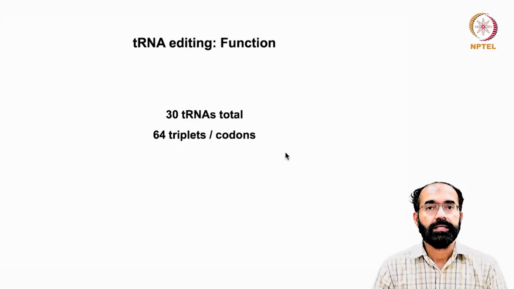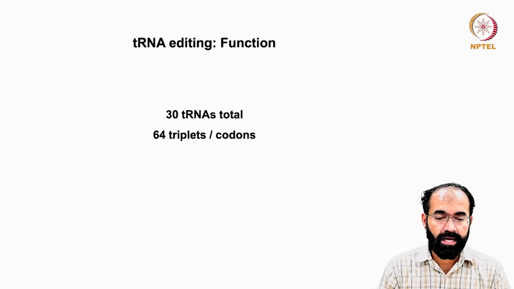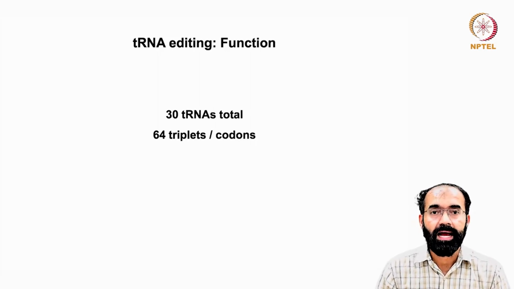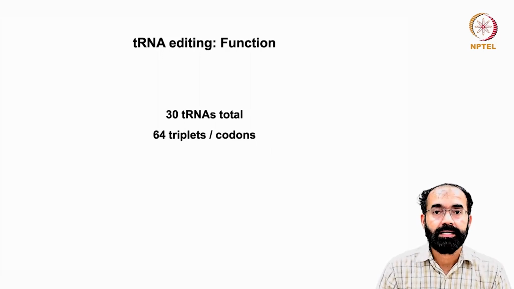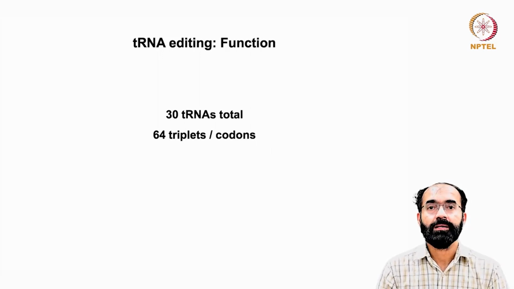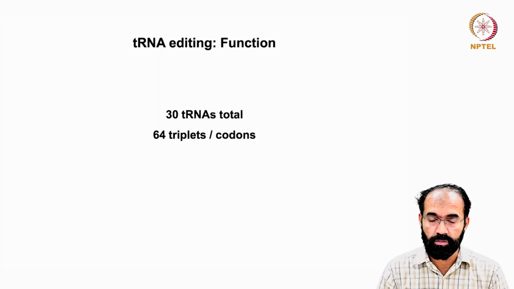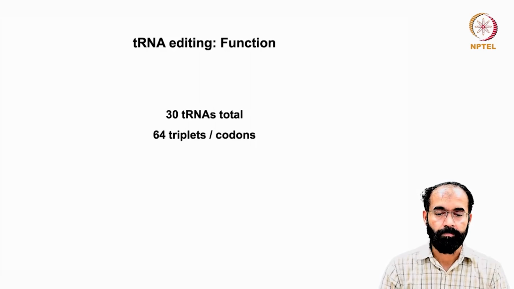Now the outcome is that there are 30 tRNAs in total, and 64 triplet codons. 61 bring in an amino acid, and 3 of them bring in no amino acid, and we call them stop codons or nonsense codons.